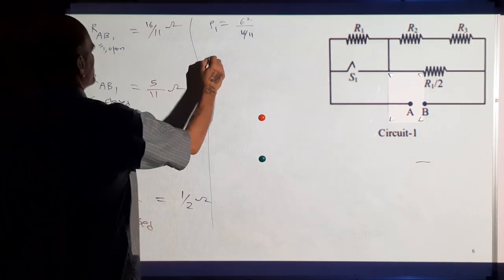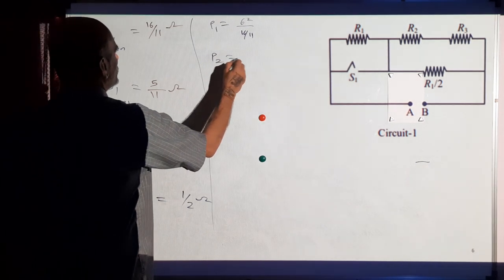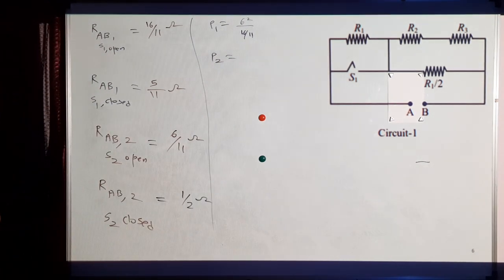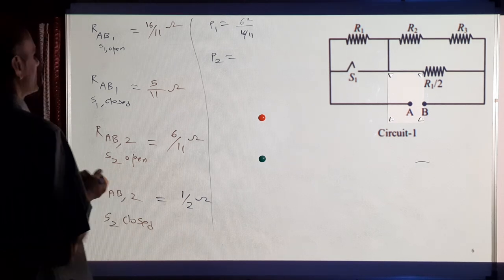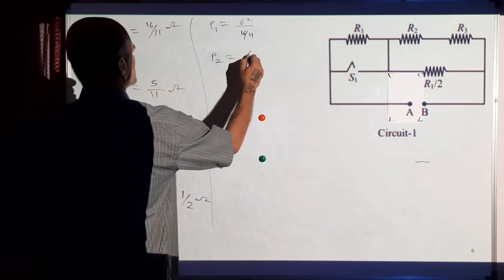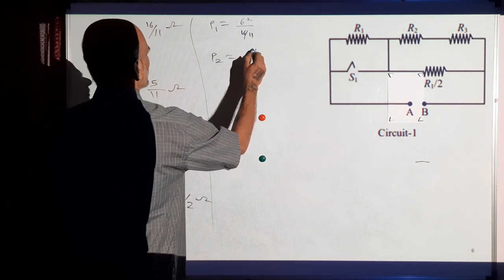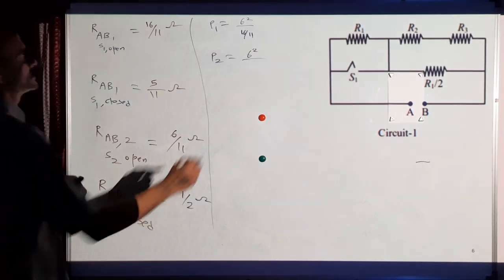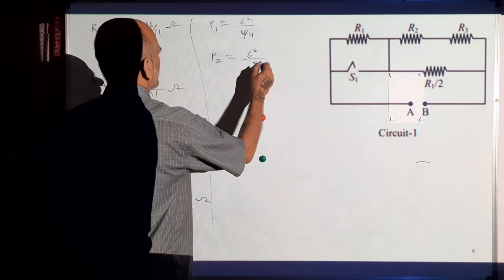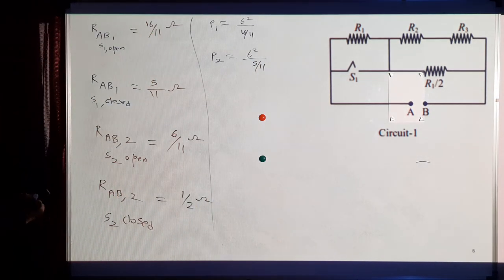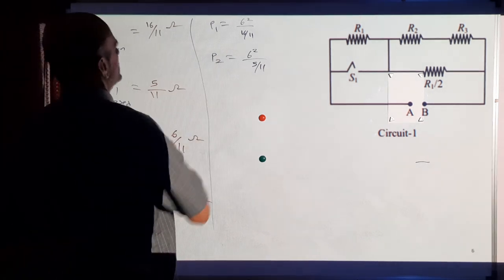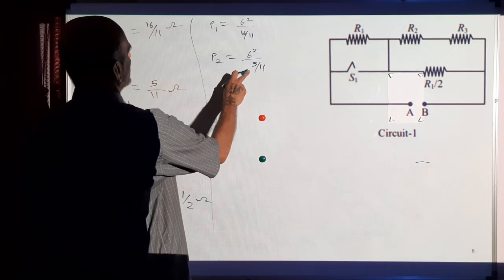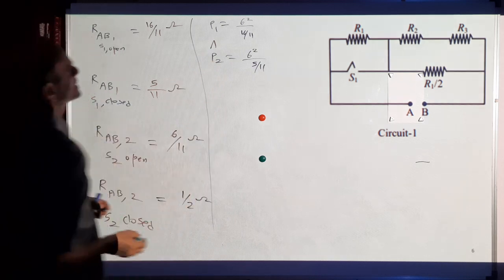And P2 is the power dissipated in circuit 2 when 6 volts is connected across the terminals A and B. So again V square, that is 6 square by total resistance 6 by 11. So obviously P2 is more because the denominator here is less. So P2 is greater than P1.